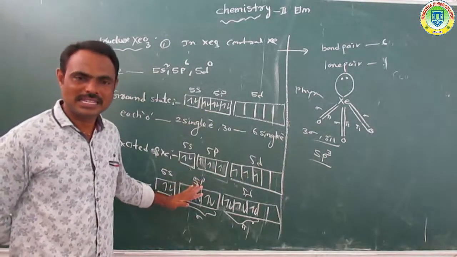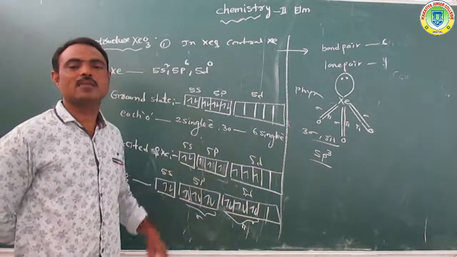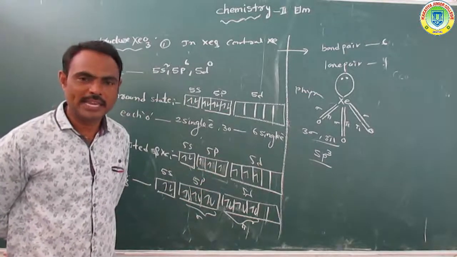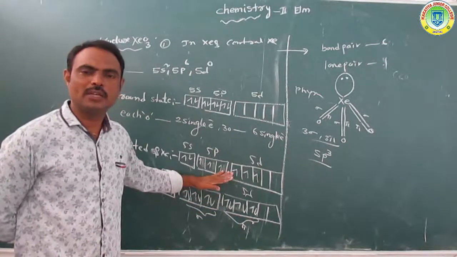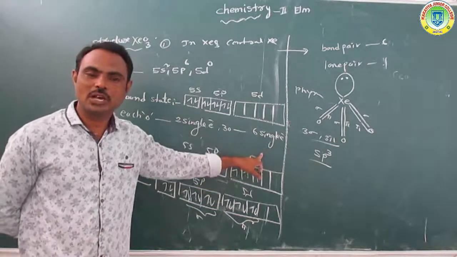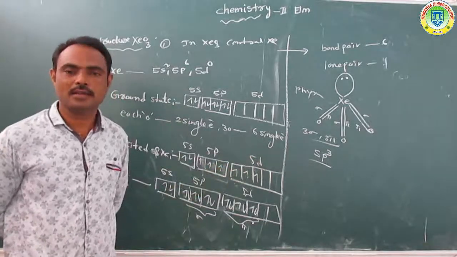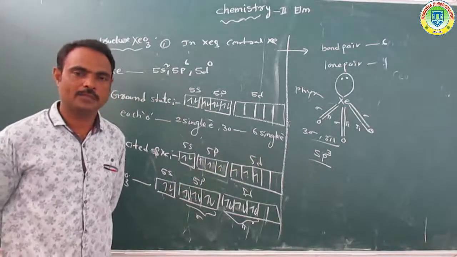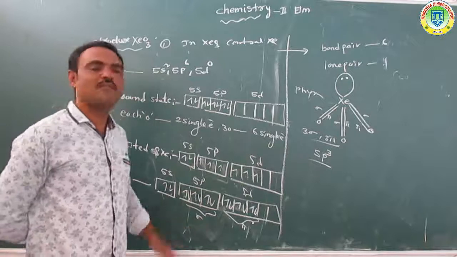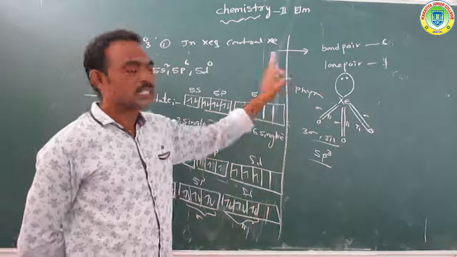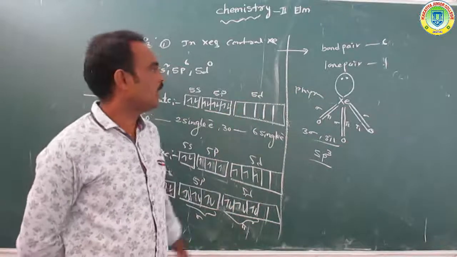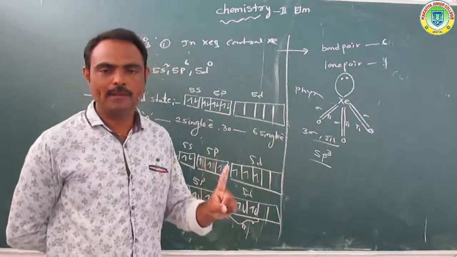In the third excited state, the xenon atom contains 6 single electrons. These 6 single electrons bond with the 6 single electrons of 3 oxygen atoms to form XeO3. It contains 6 bond pairs and 1 lone pair.